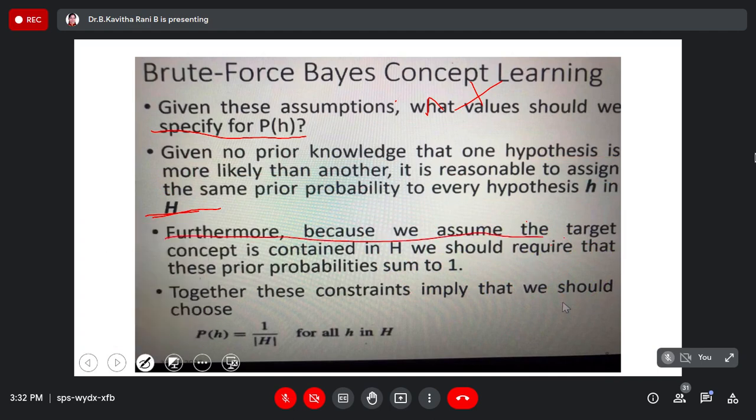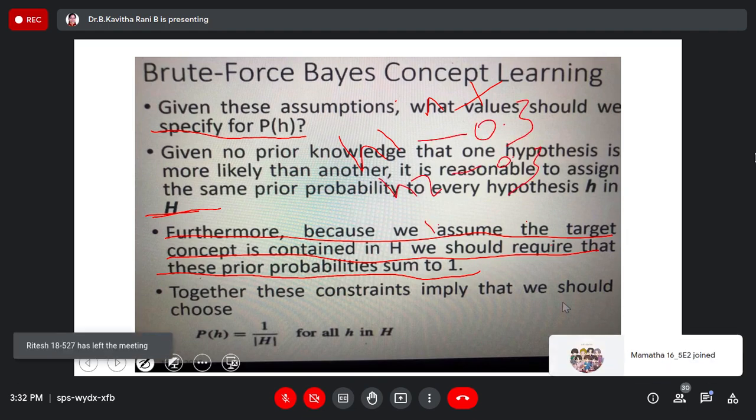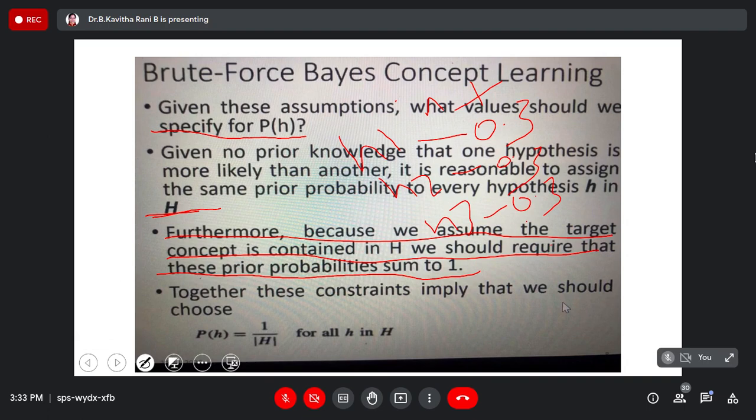Furthermore, once we assume that is contained in H, we should require that these prior probabilities sum to 1. Earlier I assigned 0.3 to H1, 0.3 to H2, and 0.3 to H3. In the previous class I told you that whatever output you get should be between 0 and 1.